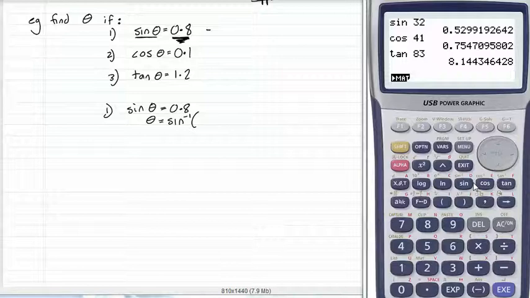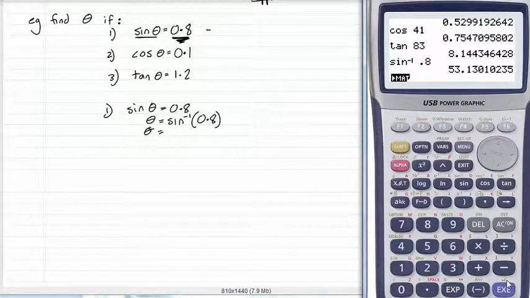Now all that's saying is we've got to tell the calculator, hey, I've got the ratio, I want the angle. Before we told it, I've got the angle, I want the ratio. So we've got to tell it to look up the table the opposite way. Shift key gets me inverse sine, you'll see it's there, inverse sine and 0.8 equals, and that tells me my angle is 53 degrees. For angles, always go to the nearest whole number.